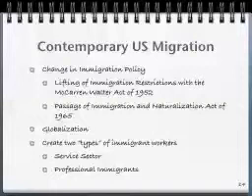And then you also have professional immigrants, people who work in technology, biotech, the sciences, who are foreign-born and highly educated. So these are the types of immigrants we have in a more contemporary U.S. migration setting.